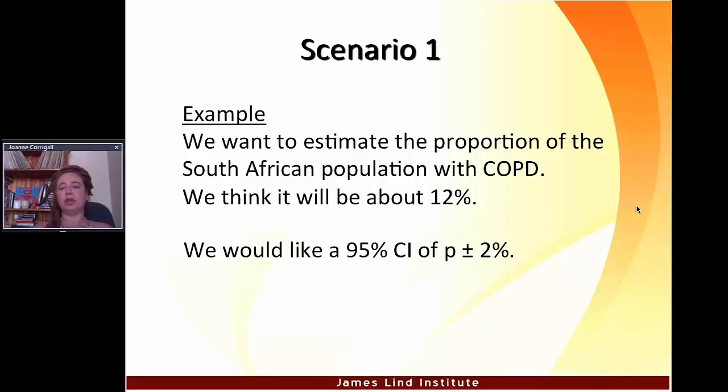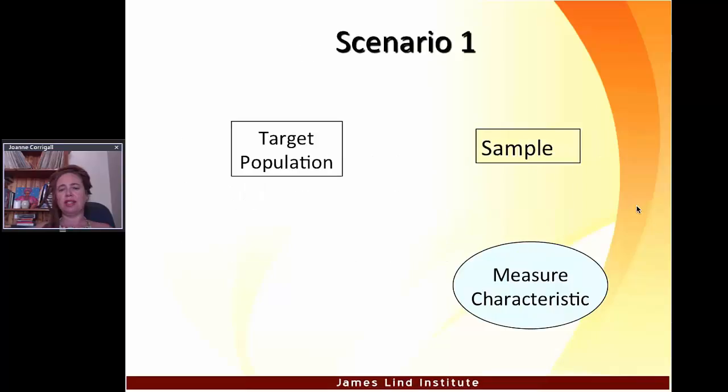So in other words, if we think it's 12%, we want to know that when we do our sample and we calculate our statistics, we would get a result between 10 and 14%. So what does this 95% confidence interval refer to? Okay, so as I said to you before, we take a random sample from our population and then we measure a statistic.